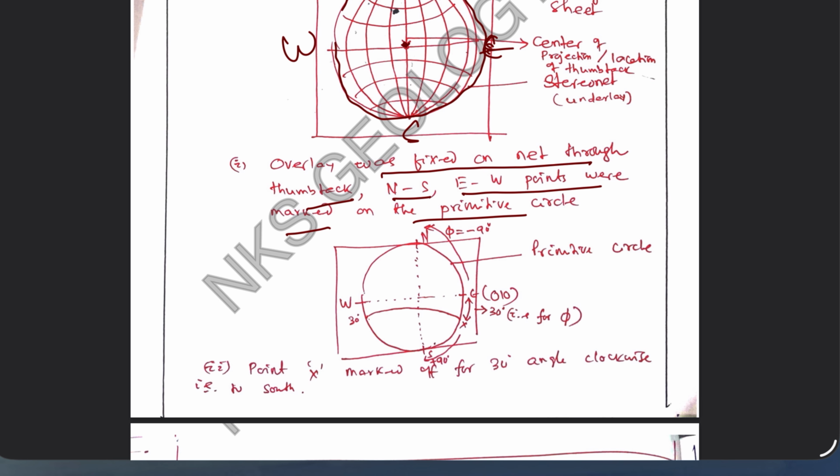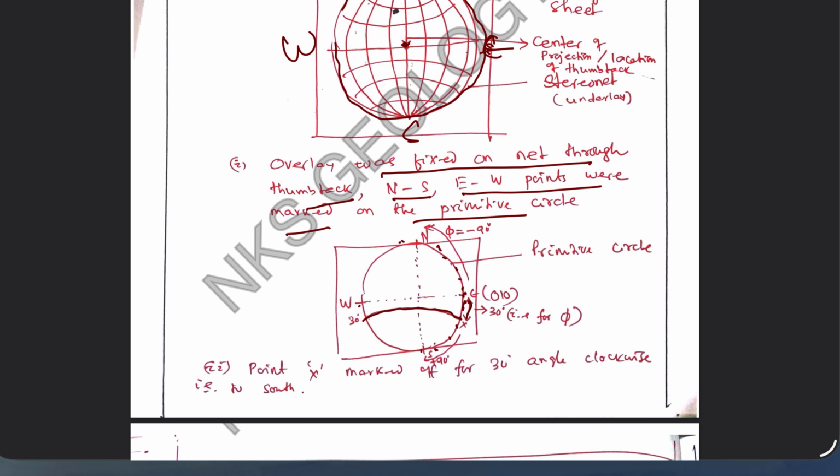Then point X is marked at a 30 degree angle clockwise from the south, because the phi angle is 30 degree positive. So here it is 0, 10, 20, 30, 40. Here it will be 180. 10, 20, 30, 40. So this line is 30 degree.